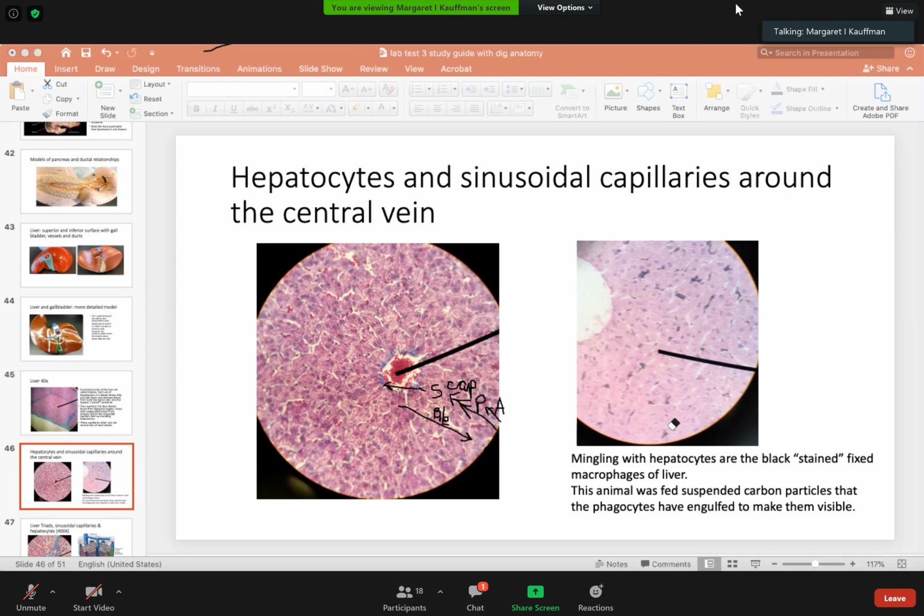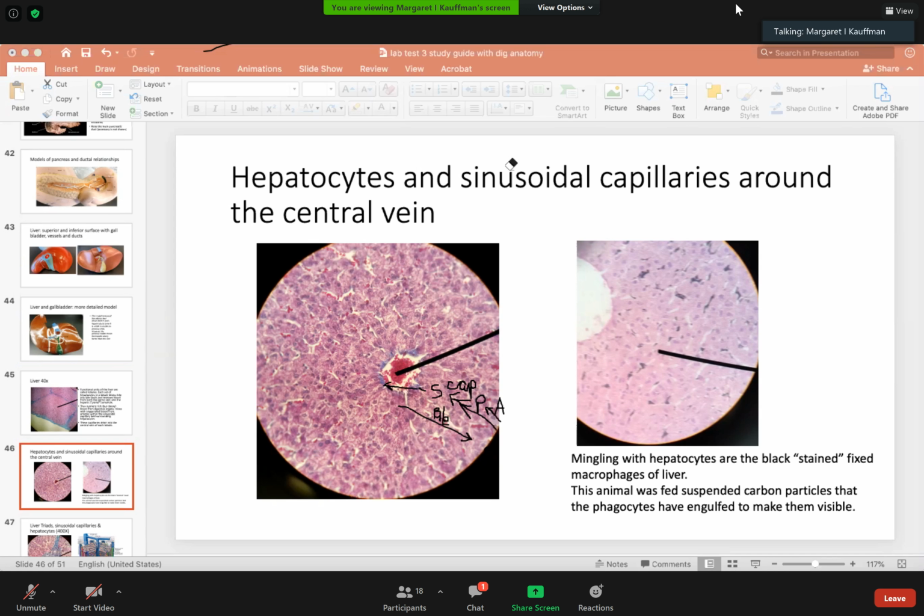So, of course, if you absorb a pathogen through your duodenum and it goes into your portal circulation, you don't want it to go to the rest of the body. So the liver also plays a big barrier role by having these fixed macrophages that are going to remove things that are foreign from what you absorbed into your bloodstream.